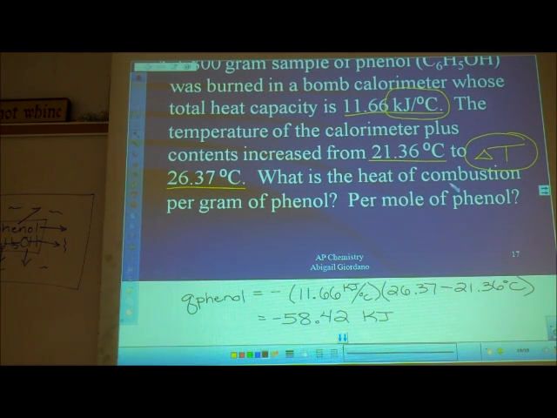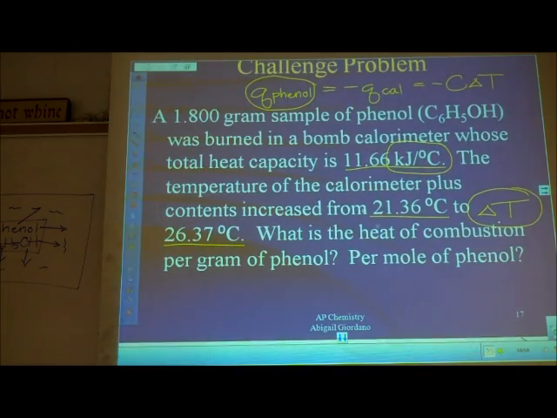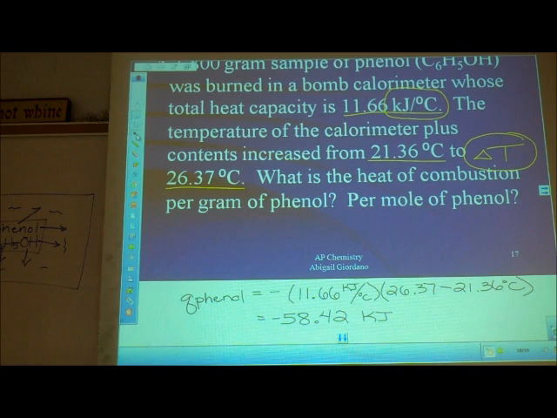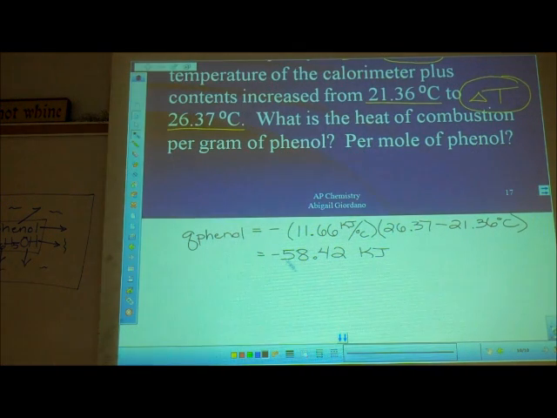What is the heat of combustion per? What does the word per mean mathematically? Over or divided by grams of phenol. Well, here we go. Divided by grams of phenol.